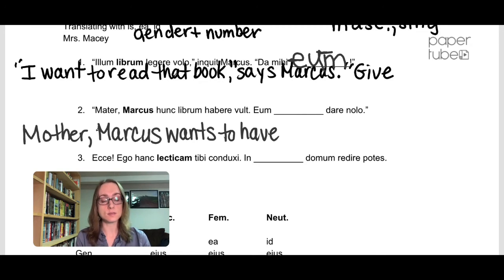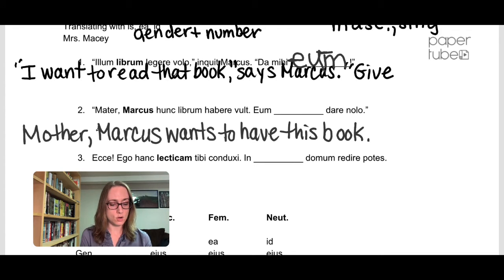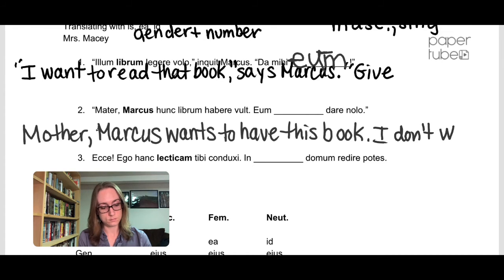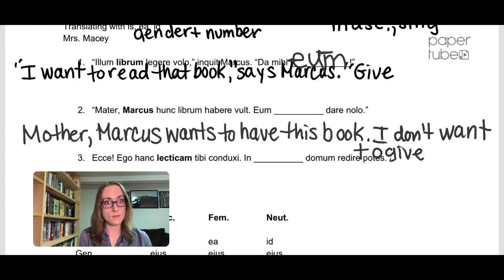Marcus wants to have this book. Eum blank dare nolo. Nolo is I do not want. Dare is to give. And then eum is it. So I don't want to give it, the book, to him.